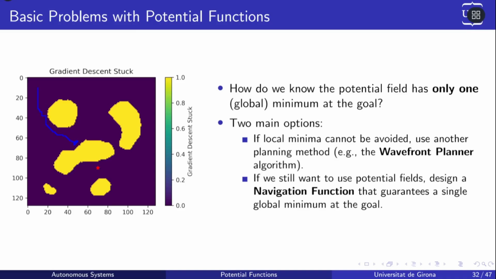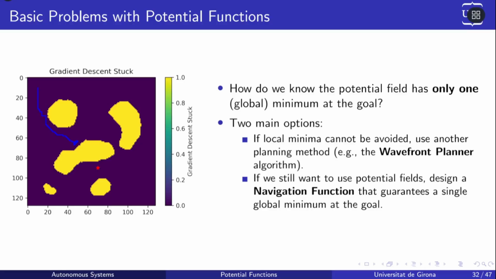However, there is another one. A wavefront planner can be seen as one of these navigation functions, because it generates a potential function that has a single local minimum. Then, by definition, it matches. We can say that the wavefront planner is a kind of navigation function, although it's not exactly the same. You will see why.